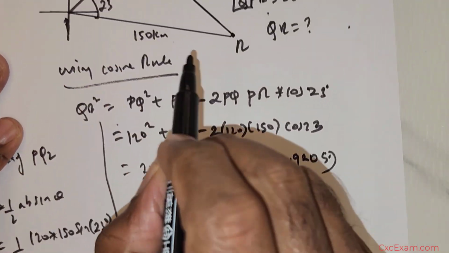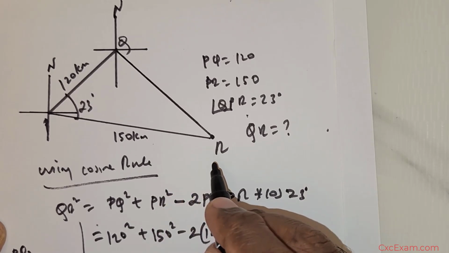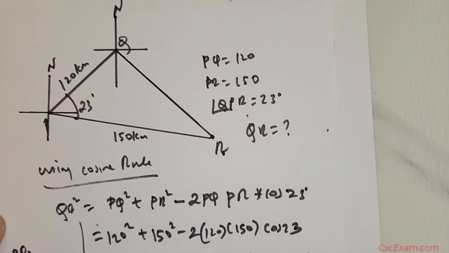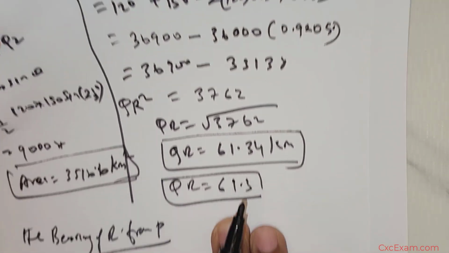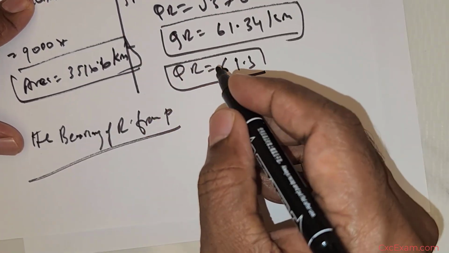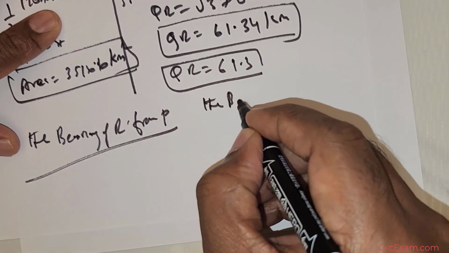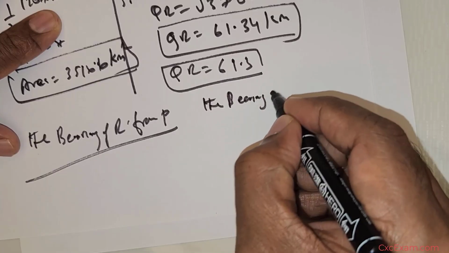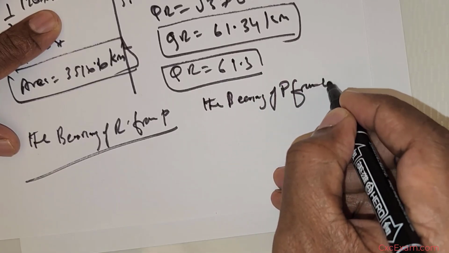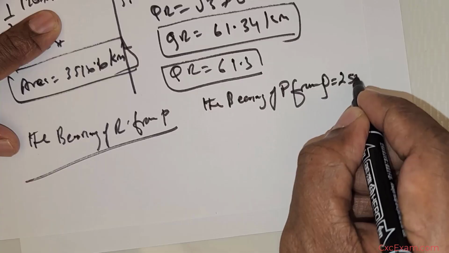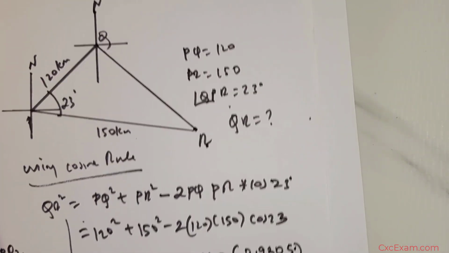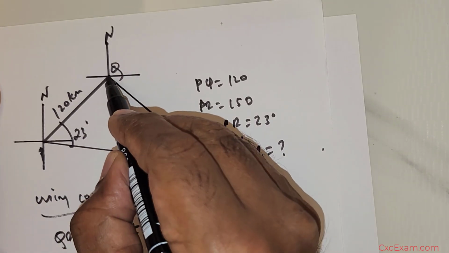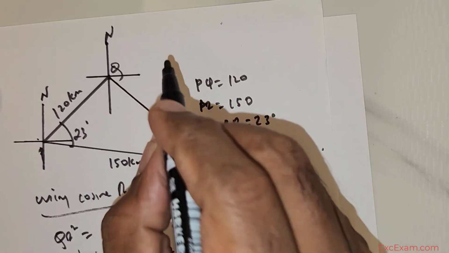That means from P you are looking at R. What are we given? We are given the following. The bearing of P from Q is 252 degrees. That's all we are given. That means from Q you are looking at P.